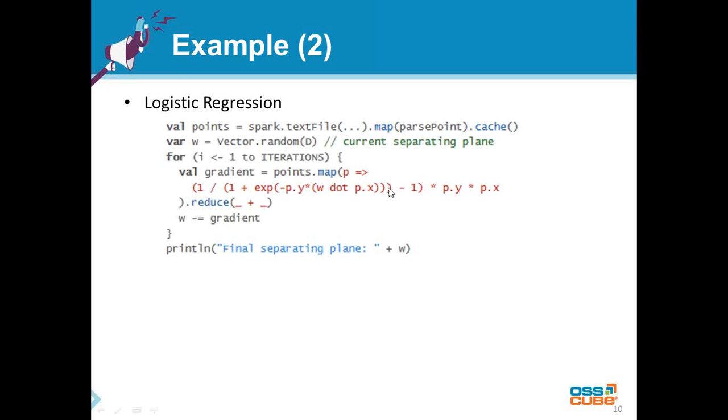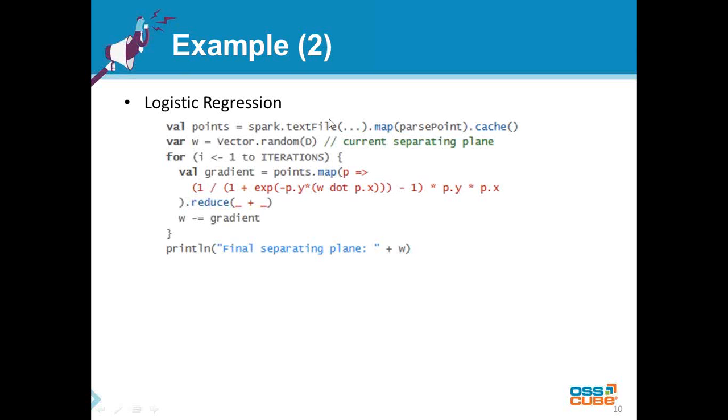So here is an example of a logistic regression algorithm, which is used in classification. Typically you use this algorithm for classifying news, or classifying an email as a spam mail, or classifying a tumor as cancerous or non-cancerous. So this is used for classification.